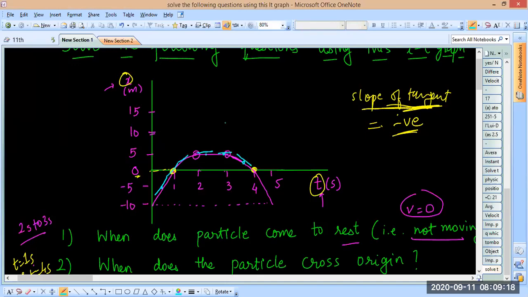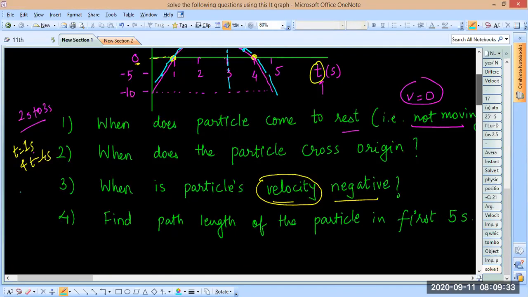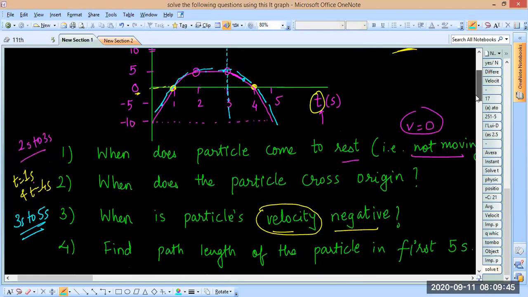If we draw a tangent on the right side of this line, everywhere the slope of tangent is negative. So the correct answer to this question is 3 seconds to 5 seconds. Anywhere from 3 to 5 seconds, the slope of tangent is negative. Okay, clear?